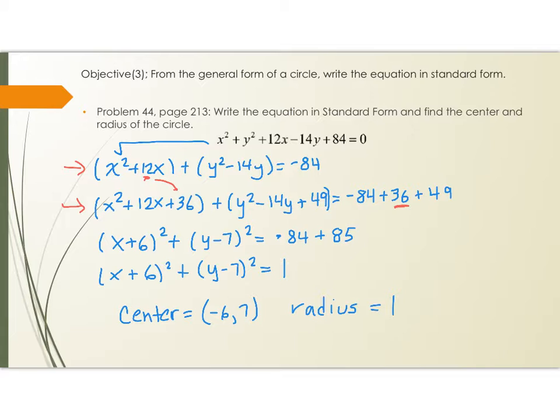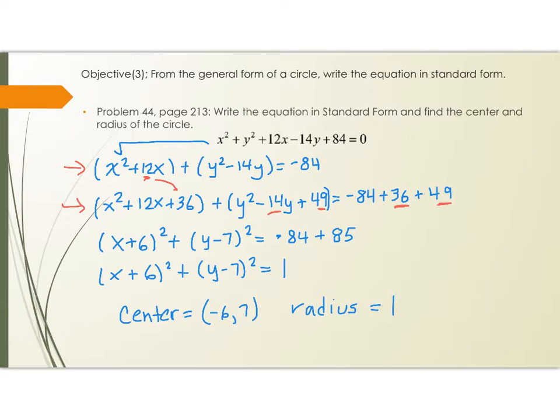Now we're going to do the same with the y terms. We take half of negative 14, we get negative 7, we square it, we get 49. We add 49 to both sides of the equation, and you can see we have y squared minus 14y plus 49 is equal to negative 84 plus 36 plus 49.